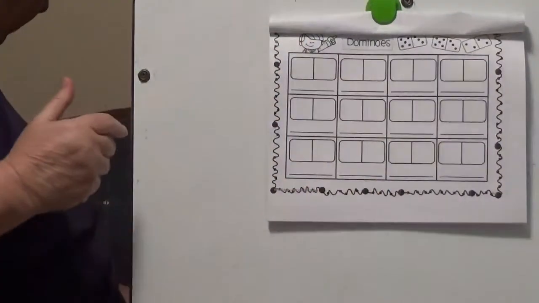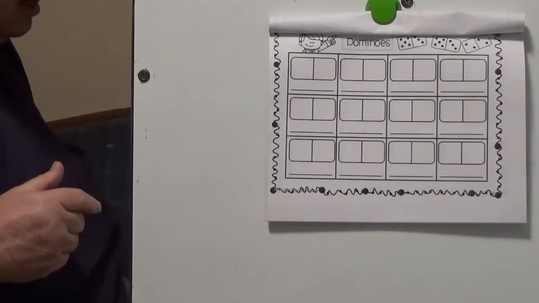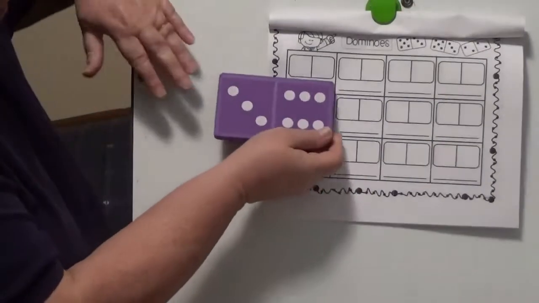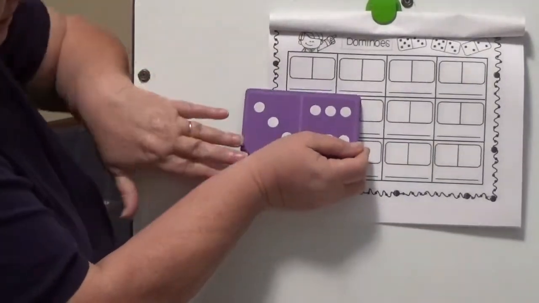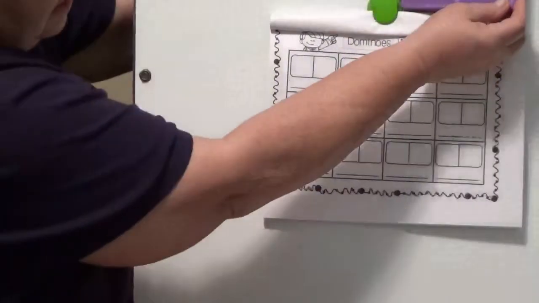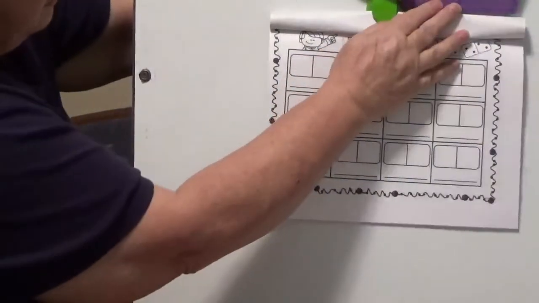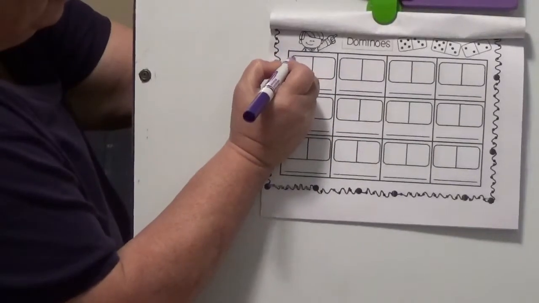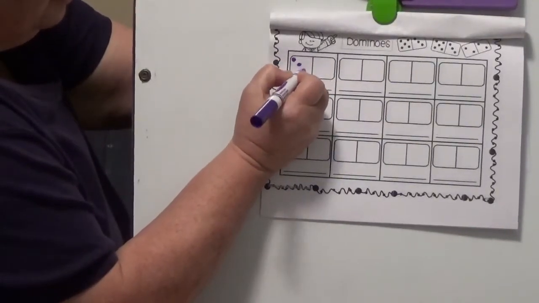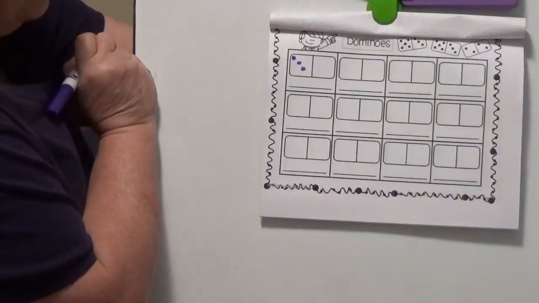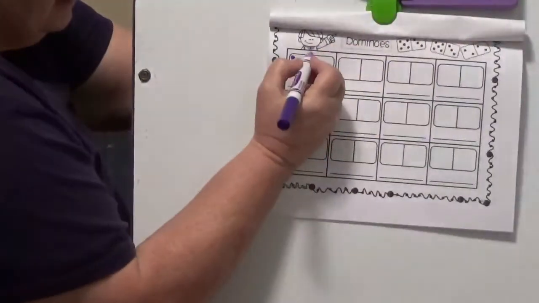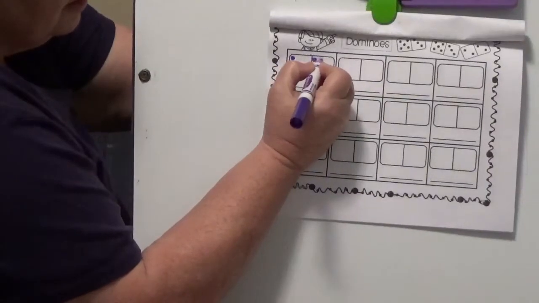Alright, so for our domino today, let's go with purple. Our domino today is 3 in the first box and 6 in the second box. Can you see that? 3 in the first box, so I will make my domino looks the same. 3 in the first box and 6, 1, 2, 3, 4, 5, 6 in the second box.